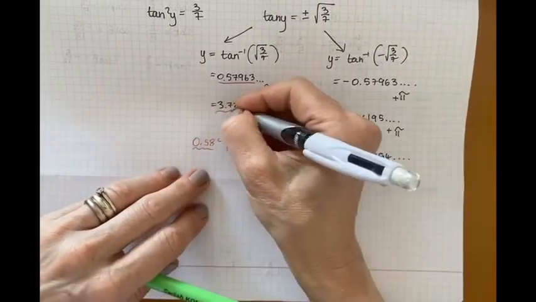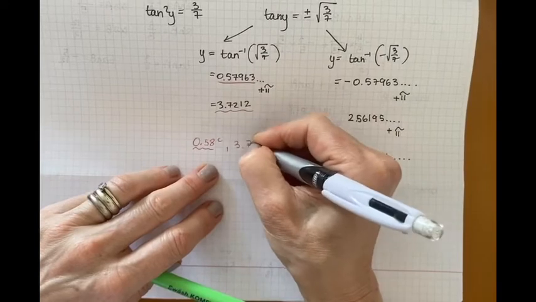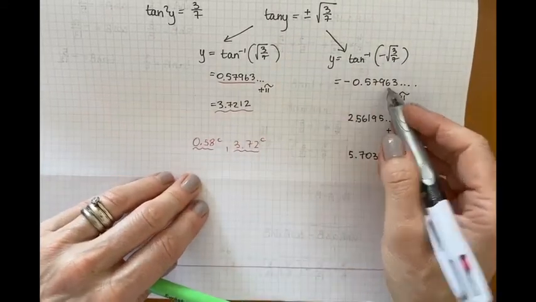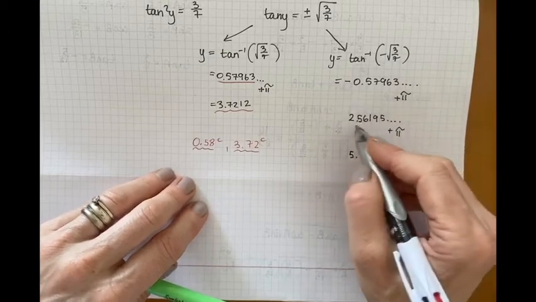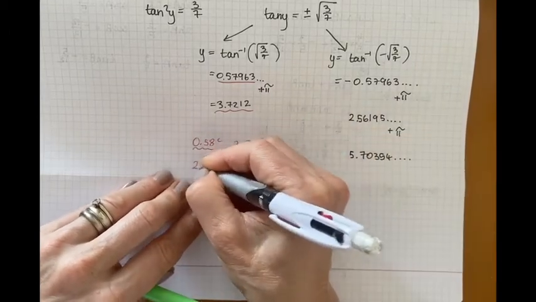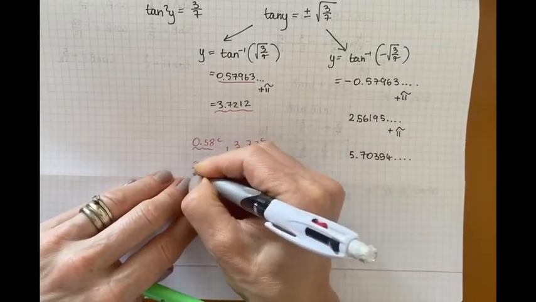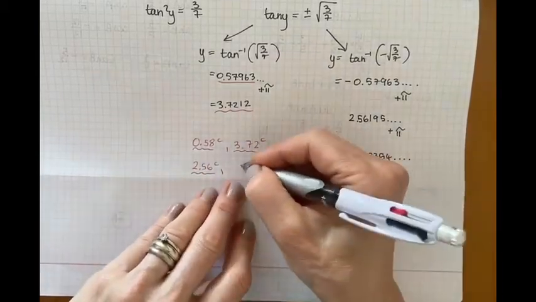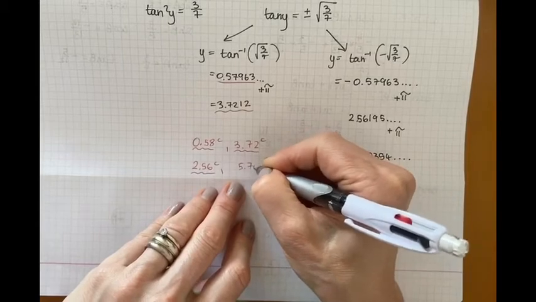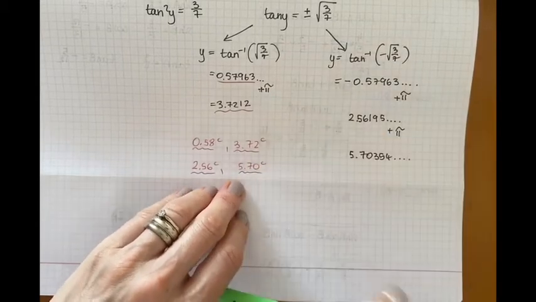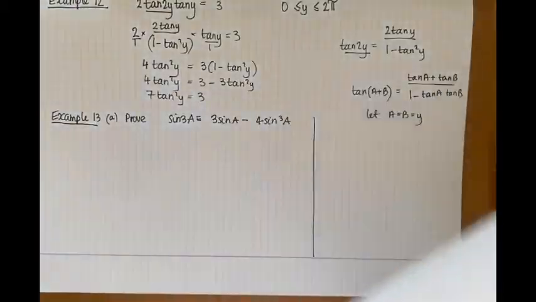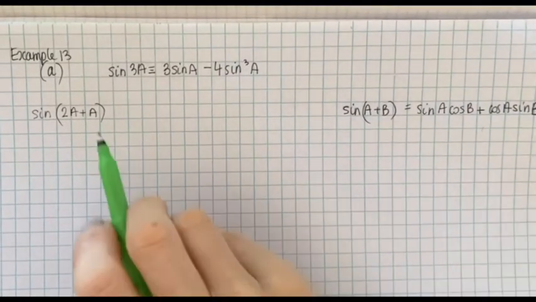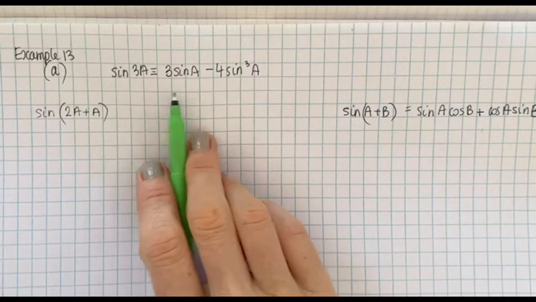The second one I got is 3.72 radians. Now this one here is outside the range. If you quote it, it's not a problem. They won't deduct any marks, but you definitely need to use it. So 2.56 and 5.70. Perfect. Good.